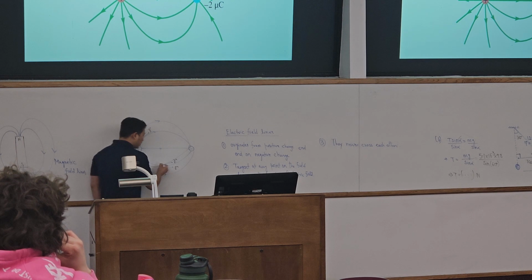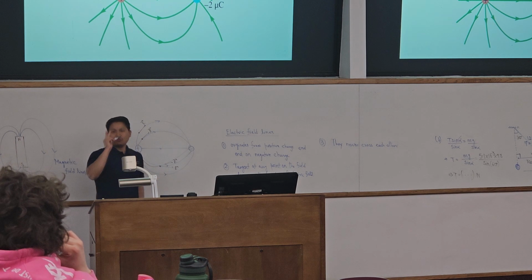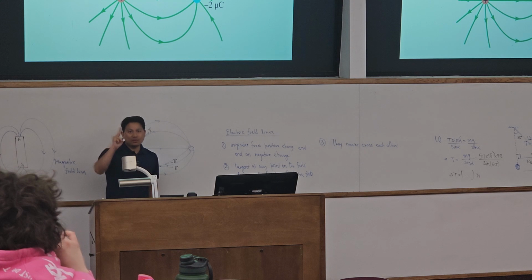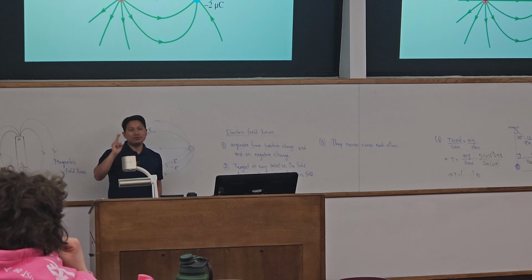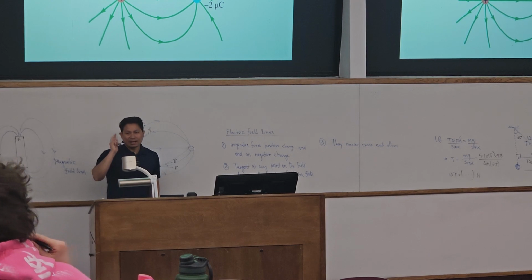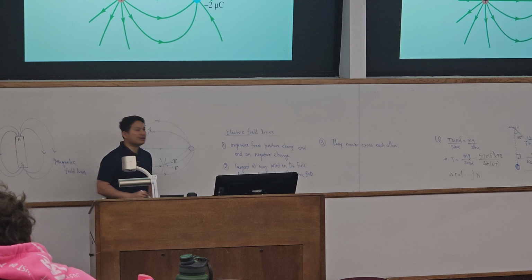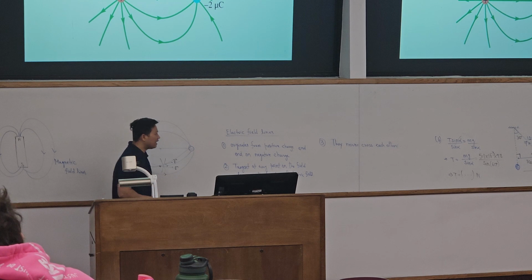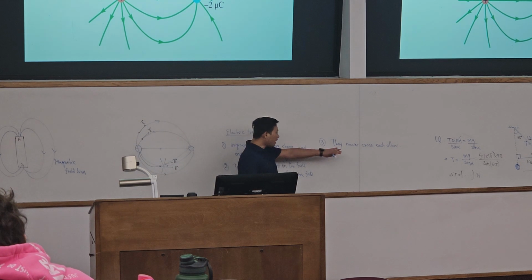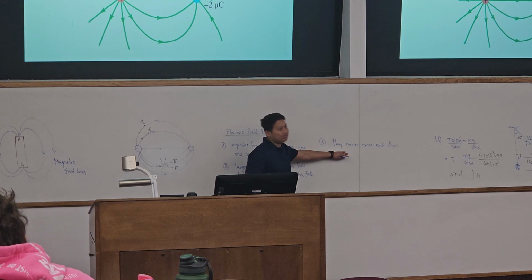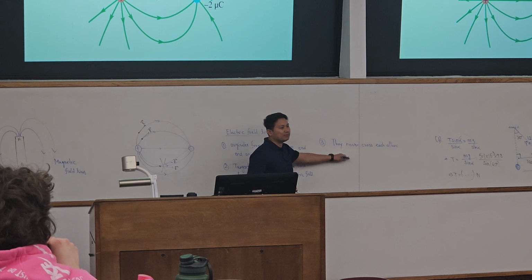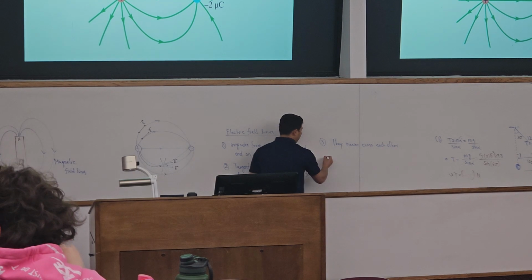If they cross, there will be two tangents, which means two electric field directions. That is not possible physically. That's the reason they never cross each other. If they cross, it violates the laws of physics.